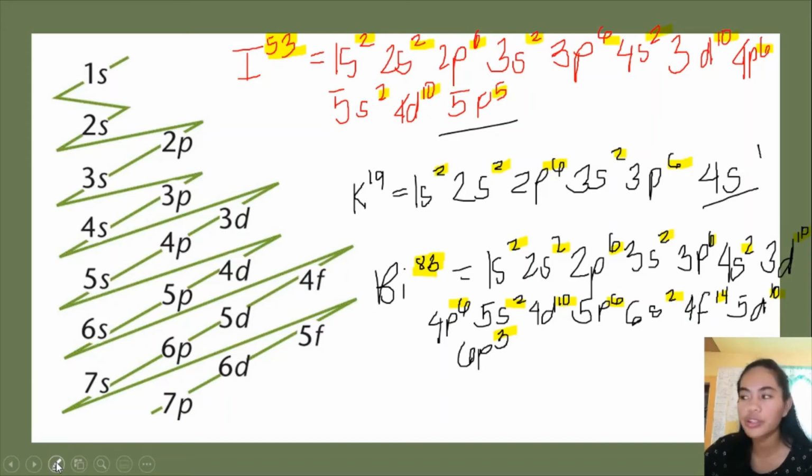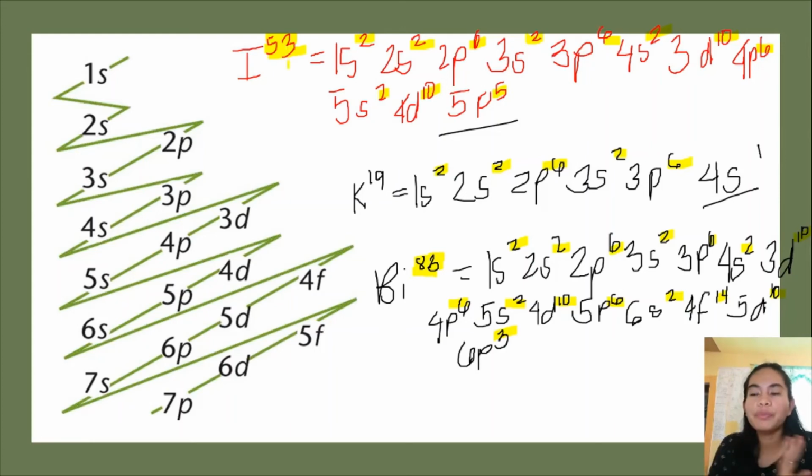Alright, so moving on, I'm going to teach you the semi shortcut. So we're going now to use the noble gases as our basis of your electron configuration.